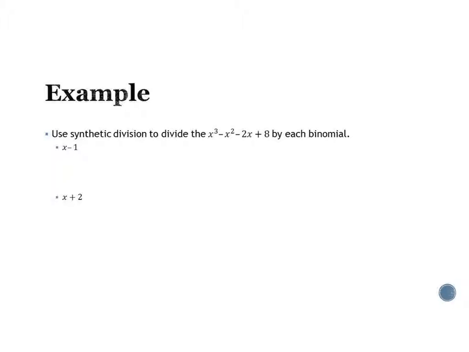So we're going to use the remainder theorem and then synthetic division to help us divide now. So far I've done long division, but synthetic division is just like synthetic substitution. Remember we start out with our coefficients. My coefficients are going to be 1, -1, -2, and 8. Remember to put in zeros for missing terms.